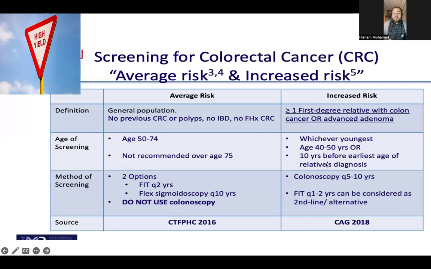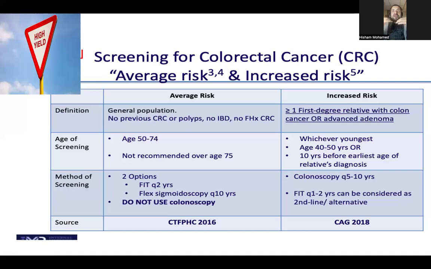So like 40, maybe, or 10 years before the earliest age of a relative's diagnosis. What does it mean?